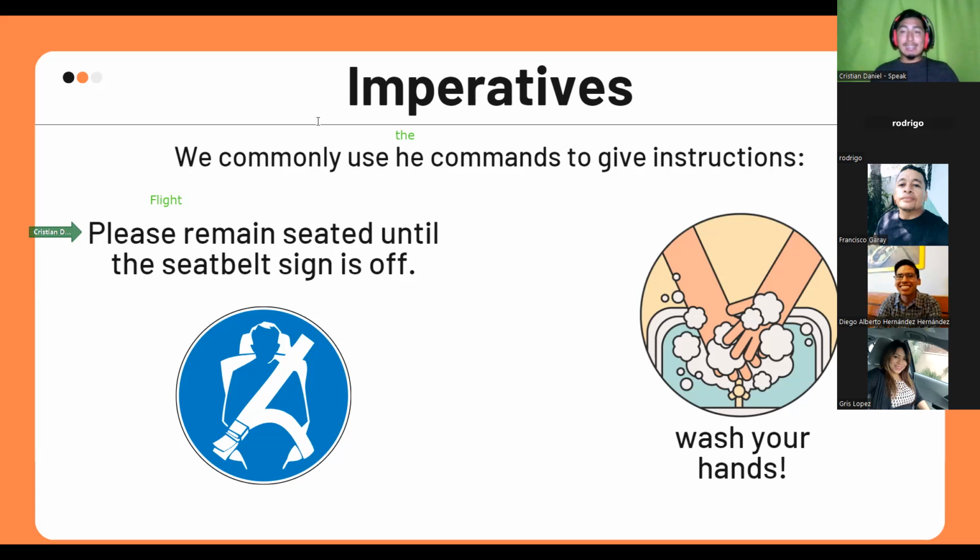Okay, this is something that you can listen to over there. As you can see, we have some examples, guys, and they are not using a subject. Please remain seated. We are not using any subject in any part of this sentence. Then we have the second example.